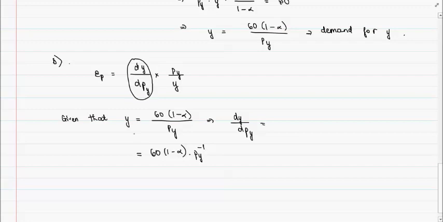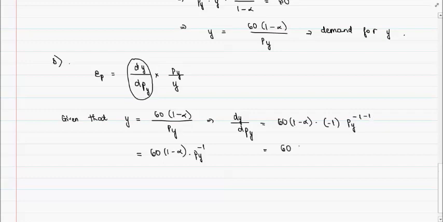So if I differentiate this y function with respect to Py, then the constant in front is just going to remain the same. Okay, so 60 times 1 minus alpha remains the same, and if I differentiate Py to the power -1 with respect to Py, then applying the power rule, I get -1 in front, and Py to the power -1 minus 1.